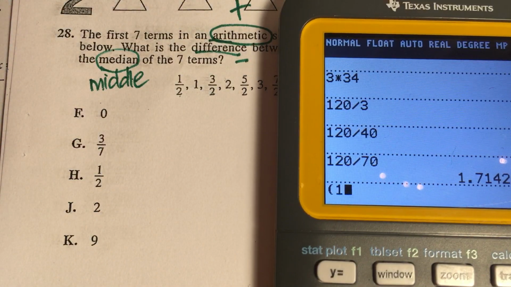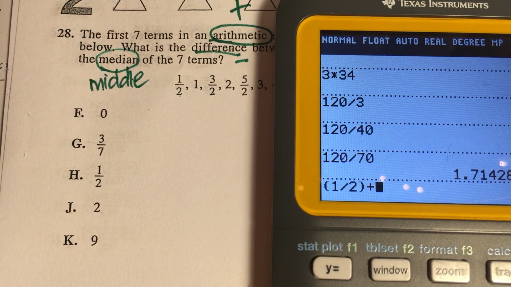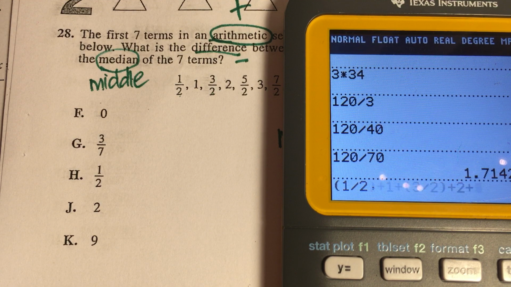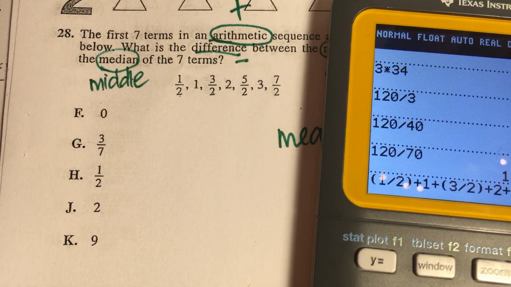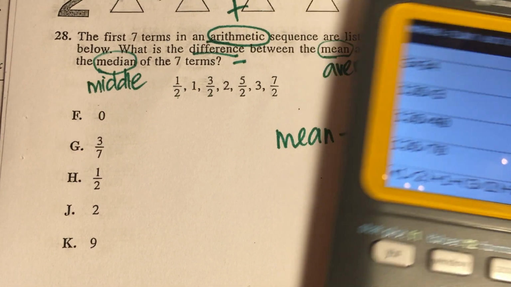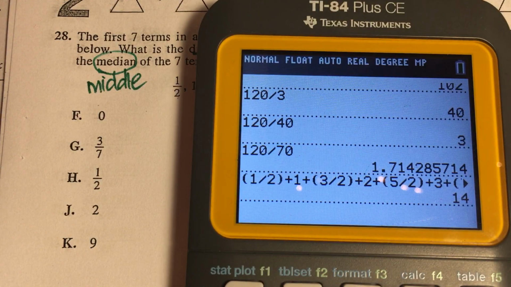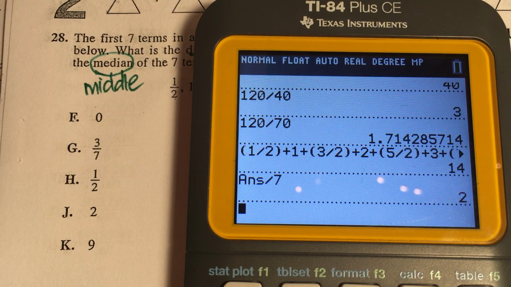I'm going to type in 1/2 plus 1 plus 3/2 plus 2 plus 5/2 plus 3 plus 7/2. That's my total, 14. And then there were 7 numbers across there, so I'm going to divide by 7. The average is 2.